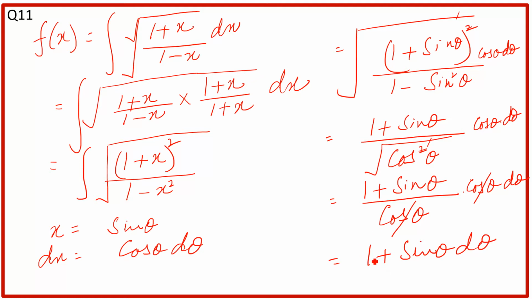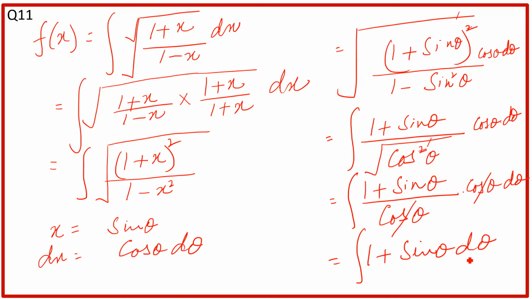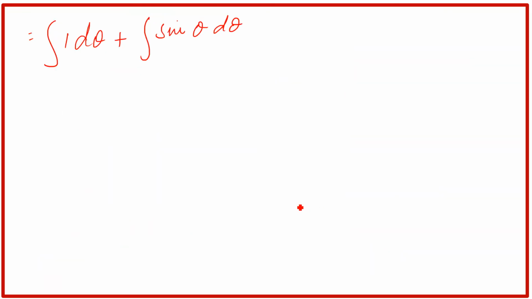Right, now we have two terms, and we have to use the integral sign. So we will do the integration separately. First is the integral of 1 d theta plus the integral of sine theta d theta. Why? Because we have 1 plus sine theta d theta left here.